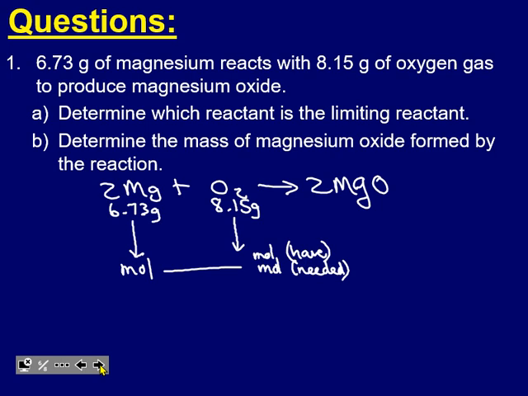So again, I've got to break this into three. I'm going to figure out the moles using the molar mass. You can go ahead and do that. I'm going to use a mole ratio to get me my moles needed. And I'm going to use another molar mass here to get me the moles that I have.